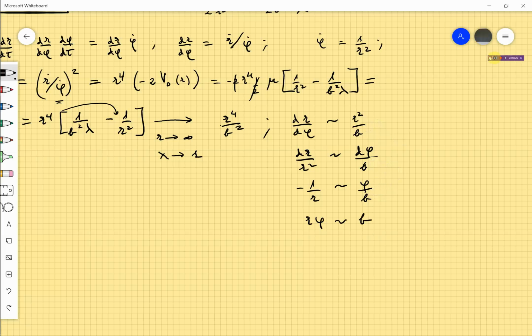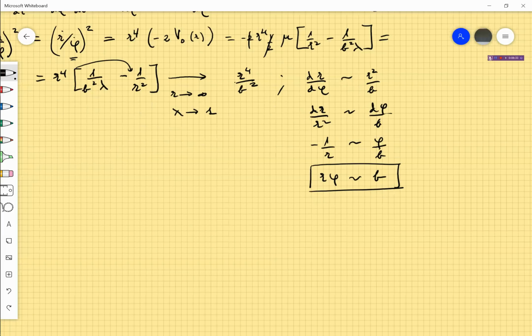This is what allows us to interpret b, because here is the center of coordinates, and this light ray goes into some direction. This is r, and this is our coordinate axis, phi.